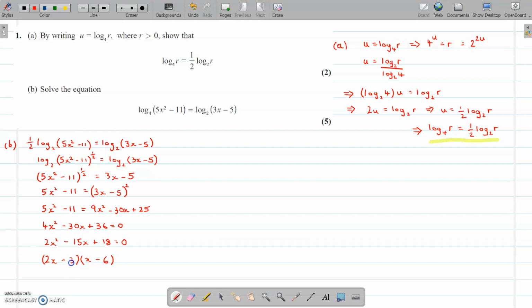Okay, and that does indeed work. Okay, so we know that the possible values of x are therefore 3 over 2, I should say, 3 over 2, or x equals 6.